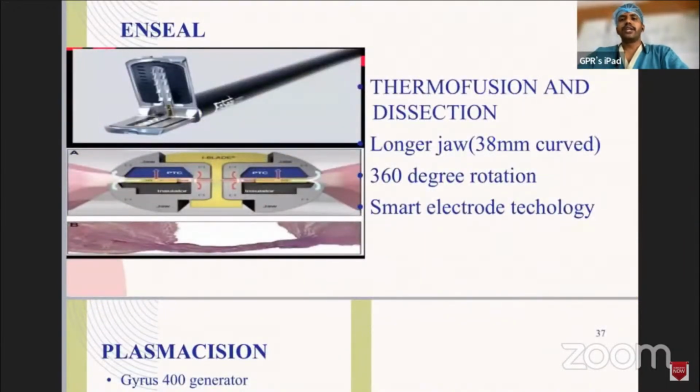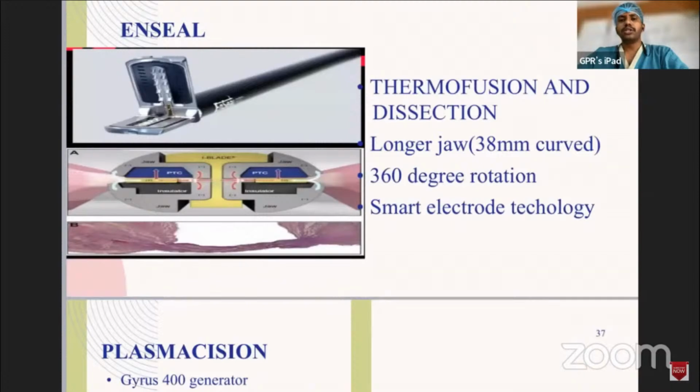To overcome the disadvantages of the LigaSure, next comes the EnSeal, which functions on the principle of thermofusion and desiccation rather than causing coagulation. These jaws are much longer, as much as 38 millimeters, and it has the advantage of 360-degree rotation, which is not possible with the LigaSure.